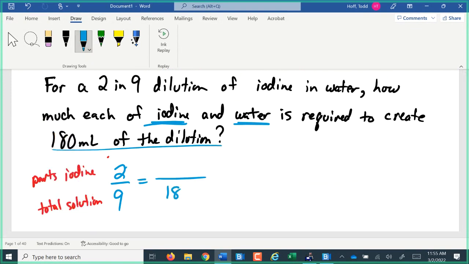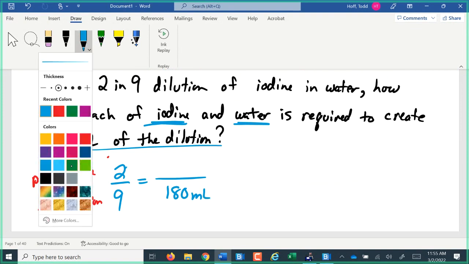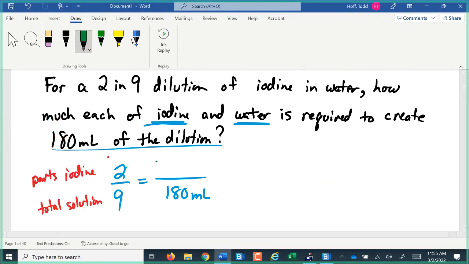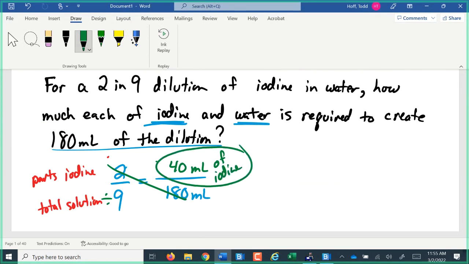That is our total solution. And one of the things we're looking for is the amount of iodine. So let's cross multiply and divide here. And we get 40 milliliters. 2 times 180 is 360, divided by 9 is 40 milliliters of iodine.